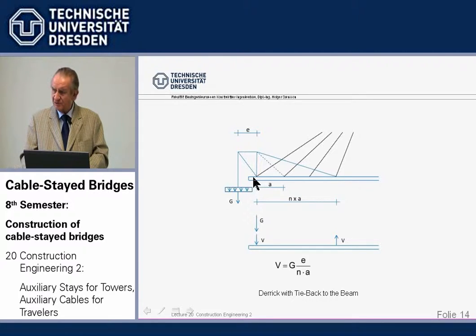acts on the structure, as I showed you before, via the support reactions of the derrick. And this is an elastically supported beam, elastically supported by the stay cables. And the moment influence line, you may recall, is very steep here, goes back fast.